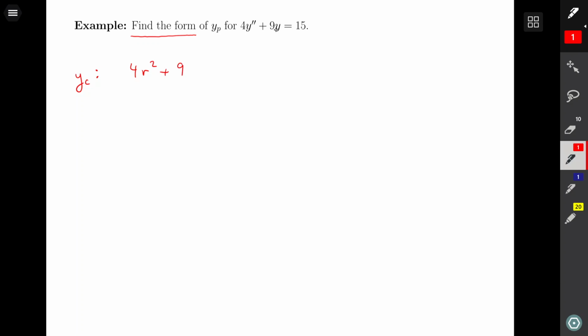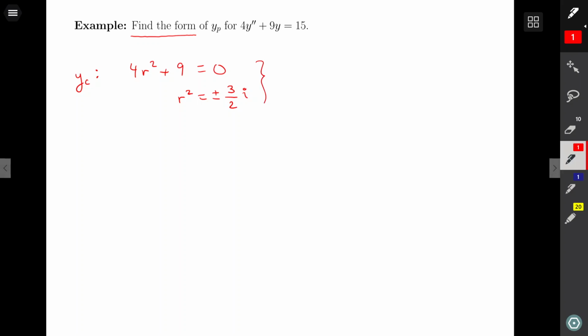That's a 0th derivative there, so it's r to the 0 hidden. And you want to find the roots of that. Subtract the 9 over, divide by 4. So that's negative 9 over 4. Take the square root, you get plus or minus 3 halves. But because there was a minus sign there in the first place, there's an i.